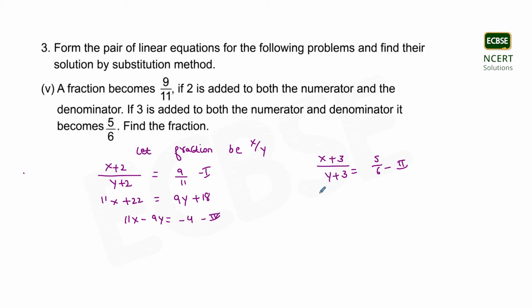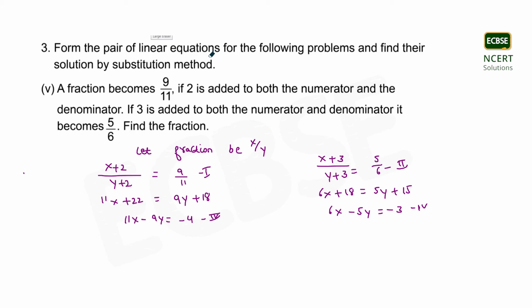And also simplifying this, it will be 6x plus 18 is equal to 5y plus 15, or we can write it as 6x minus 5y is equal to minus 3. Let this be the third linear equation.